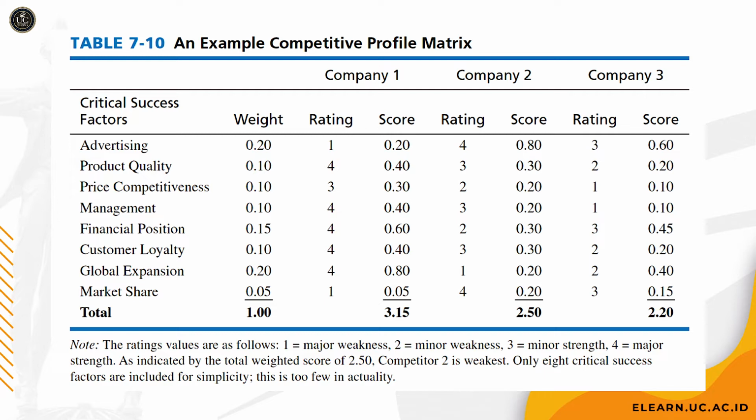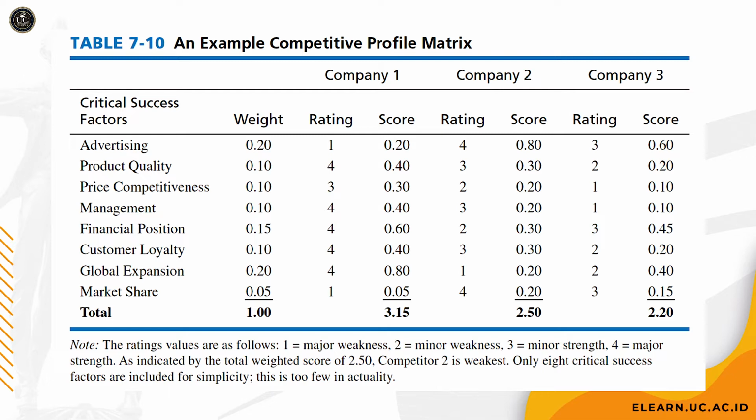And once you list that, you can also list which companies you want to compare with. For example, your own company and several competitors. So you can list under company 1, 2, and 3. And the next one, you need to assign weight. Weight means that you assign the degree of importance for each critical success factor.